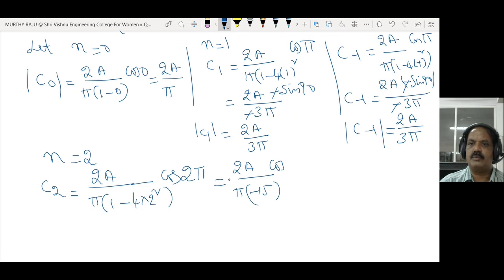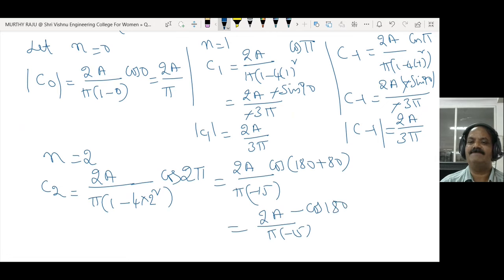Cos 2 pi is cos of 180 plus 180, which is minus cos 180.